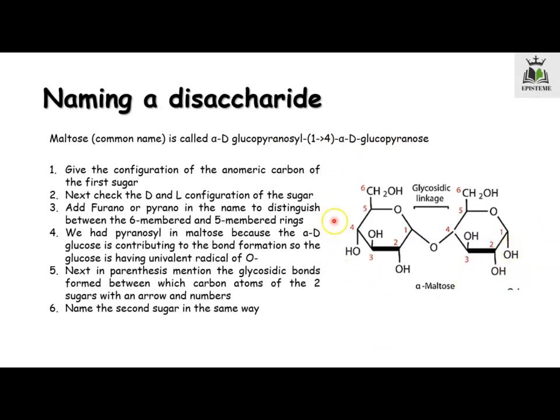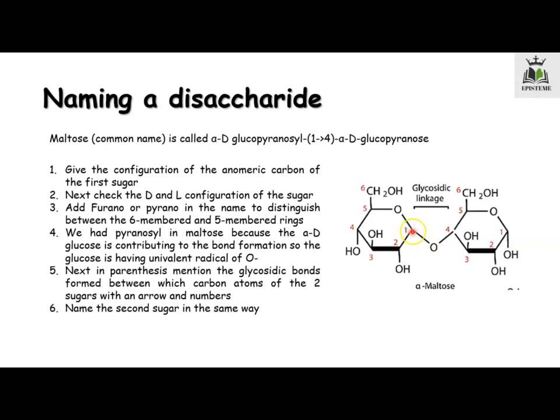Now we take the first sugar at first. The first thing we need to do is to identify if it's an alpha or beta anomer. Alpha and beta anomer is determined by the location of the OH group attached to the anomeric carbon. This one is the carbon number 1 and attached to it is this O, and here the direction of the bond shows downwards.